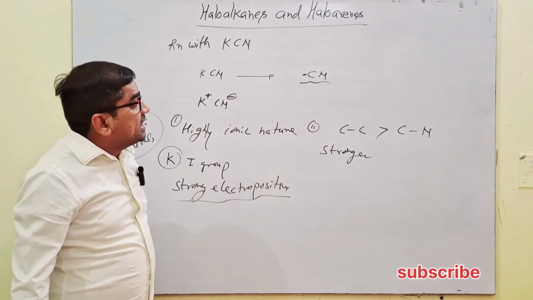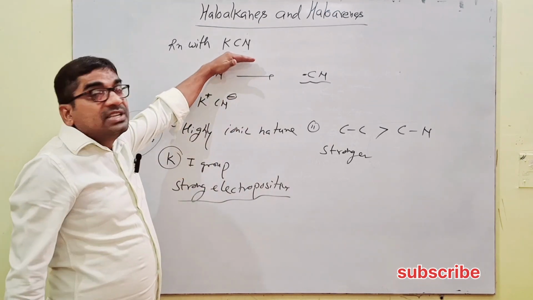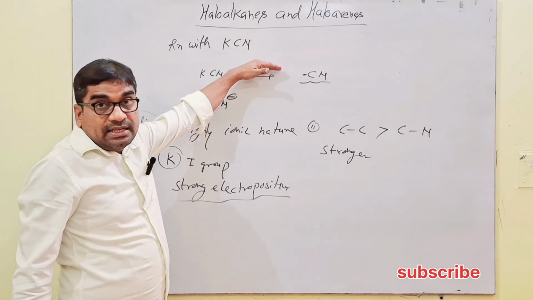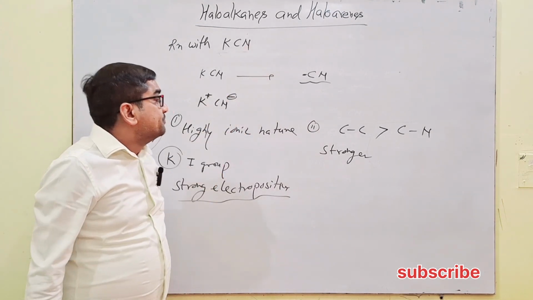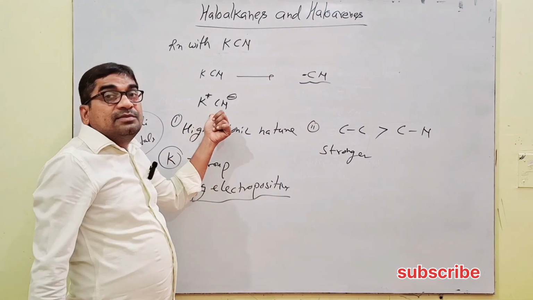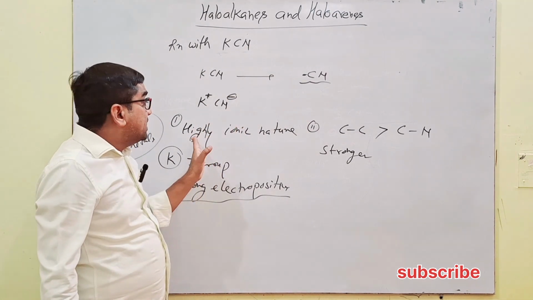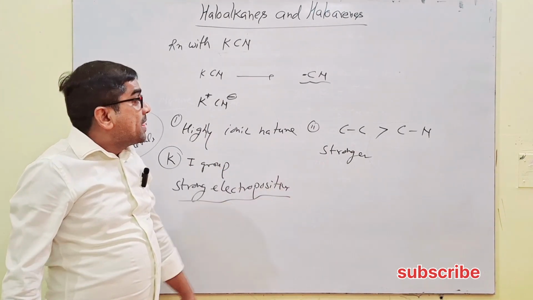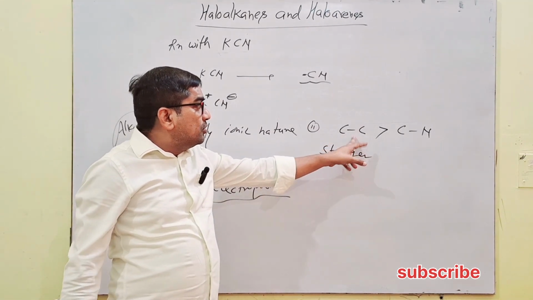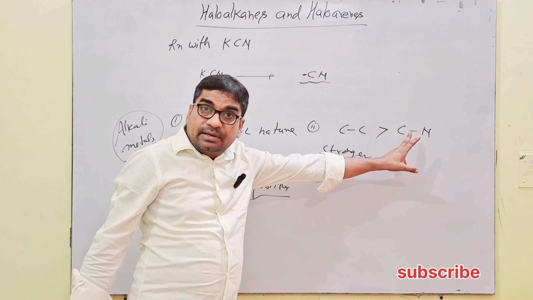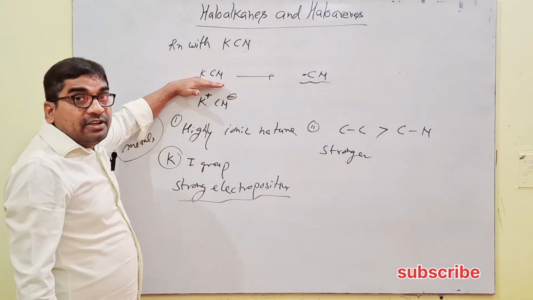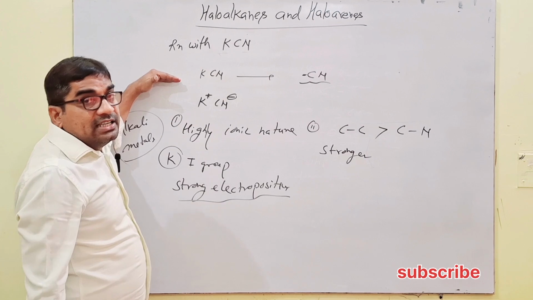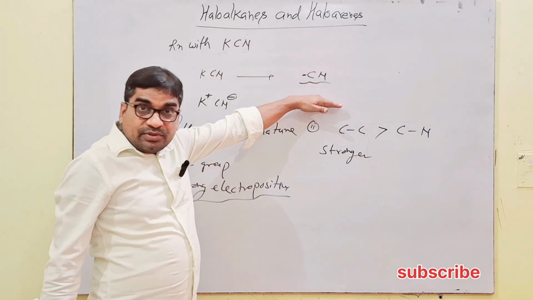So if the question arises, why does potassium cyanide give nitrile, that is, the carbon attached with the alkyl, the answer will be: since potassium cyanide is highly ionic in nature and the carbon bond is stronger than the carbon nitrogen bond, that's why potassium cyanide when it reacts with alkyl halides gives the cyanide product.